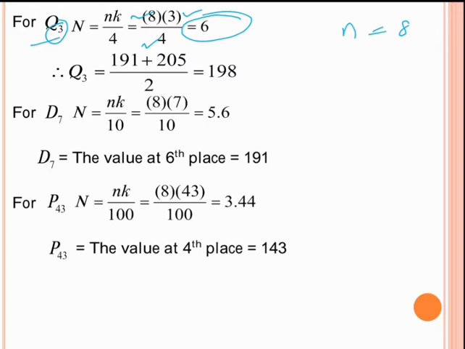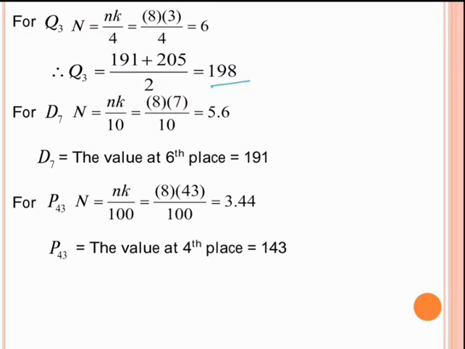So we will take the average of the 6th and 7th values from the sequence. The 6th value is 191, the 7th value is 205, from the ascending series, divided by 2. You get your answer as 198, right?